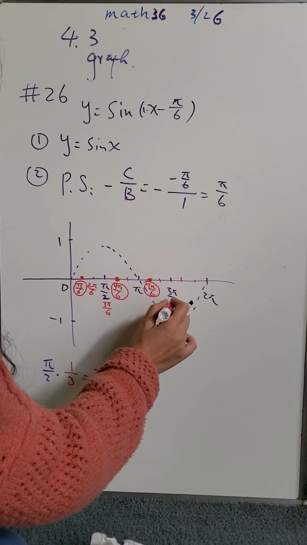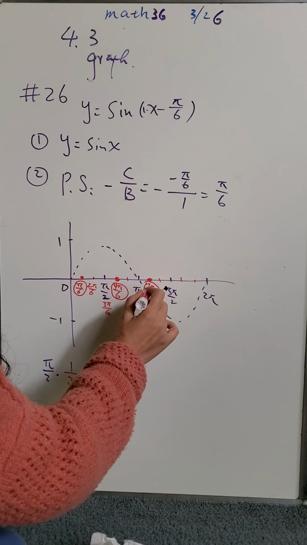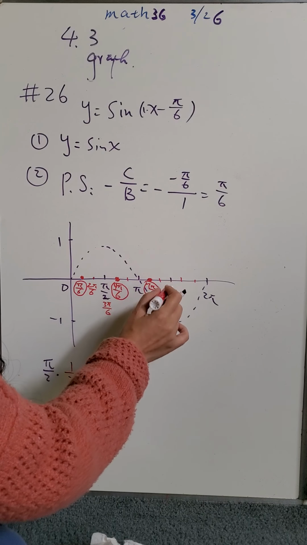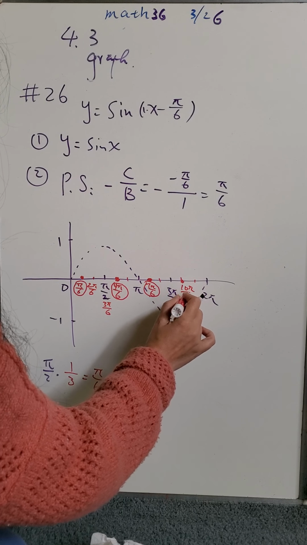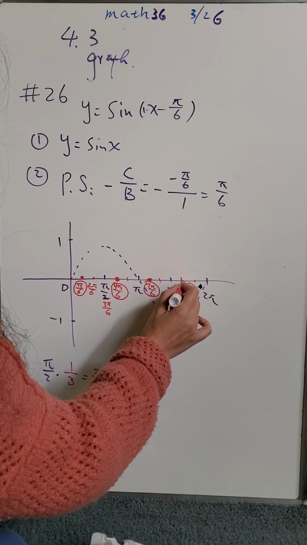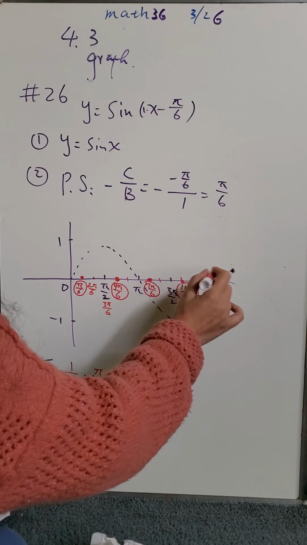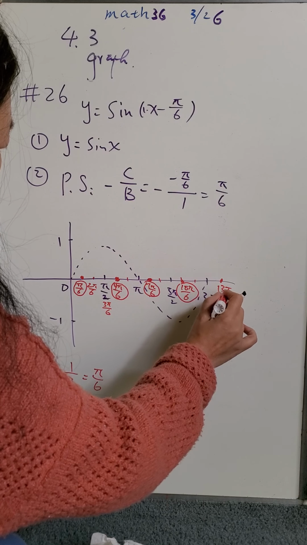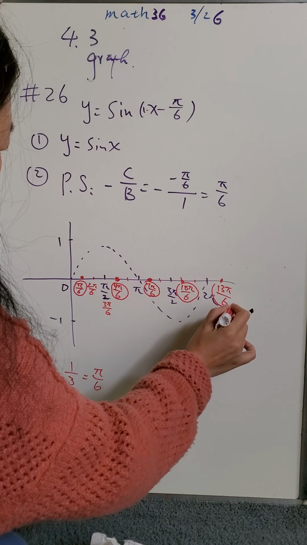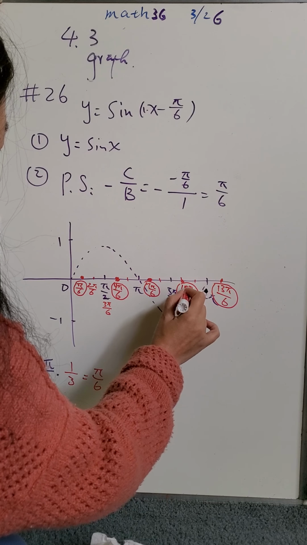And then you add another 3 pi over 6, then you get 10 pi over 6. And then you add another one to here, then you get 13 pi over 6.